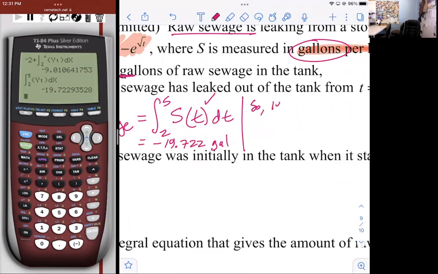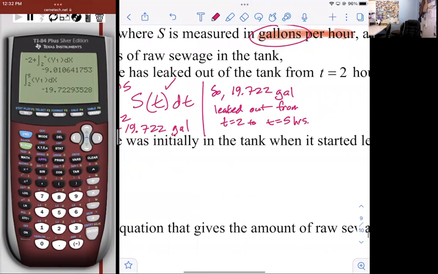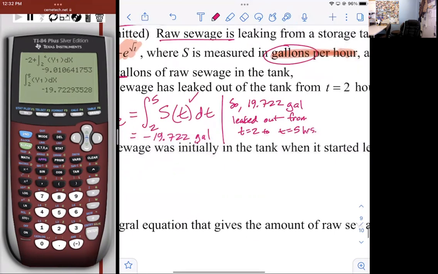So 19.722 gallons leaked out from t equals 2 to t equals 5 hours. All right, so that was just a net change.